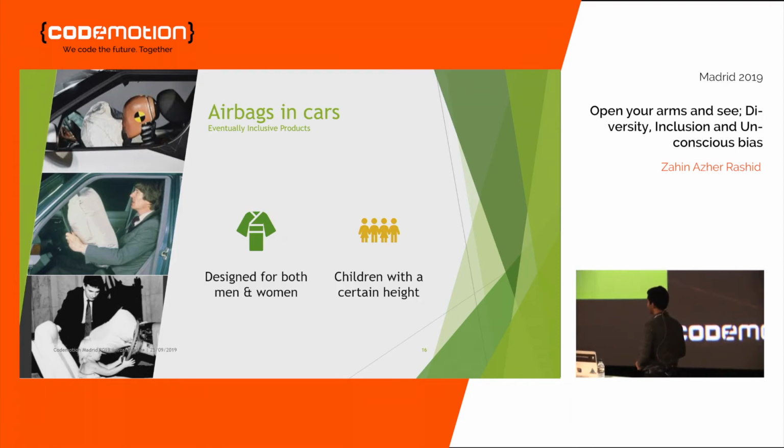Here are some examples where the initial product was not inclusive, and later, because of consequent situations, they had to make the product more inclusive. Airbags were first launched in 1970, and the people in the experiment room were mostly average-sized men.